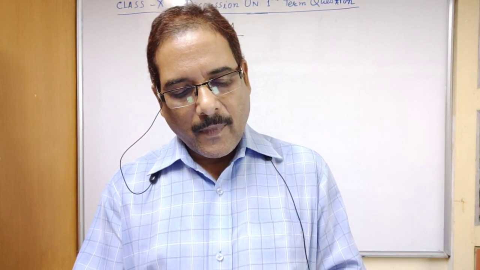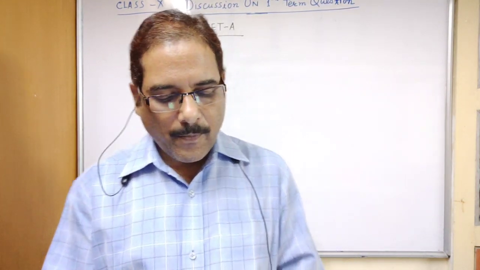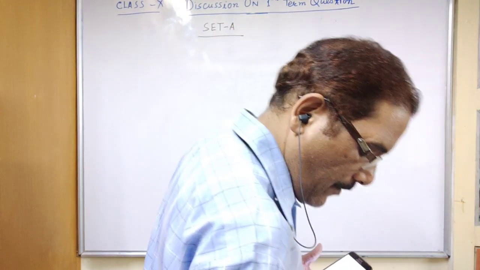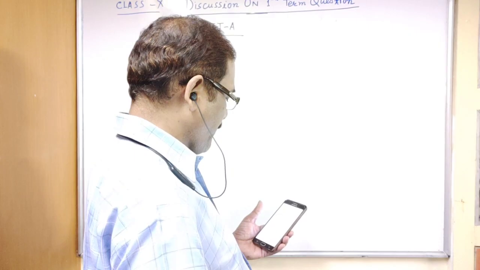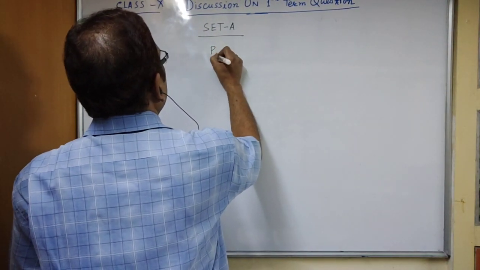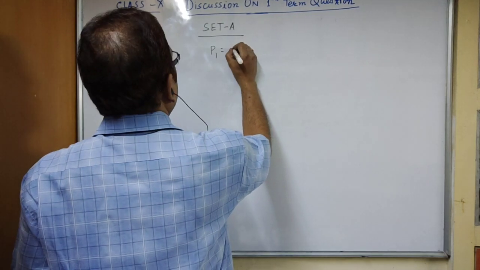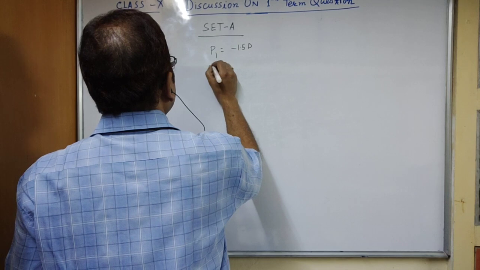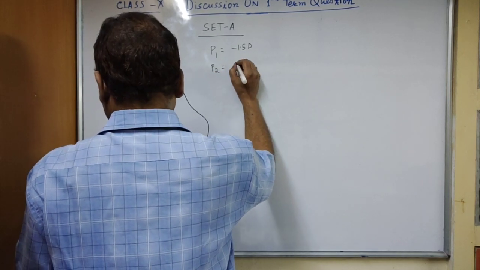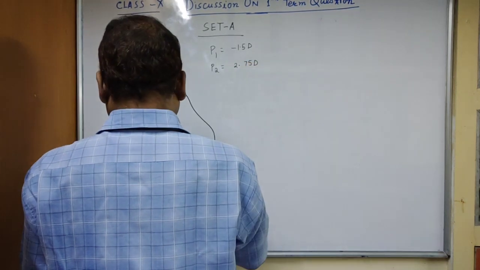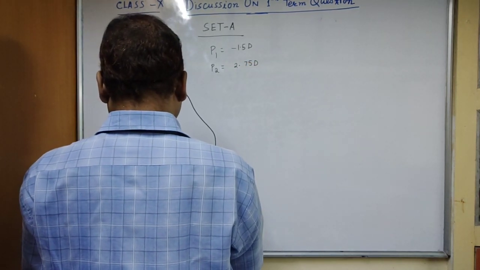And then the last part of this question: two thin lenses of power minus 1.5 diopter. I'm going to solve this question. There are two thin lenses. One has power minus 1.5 diopter, and the second lens has power 2.75 diopter, and they are kept in contact.